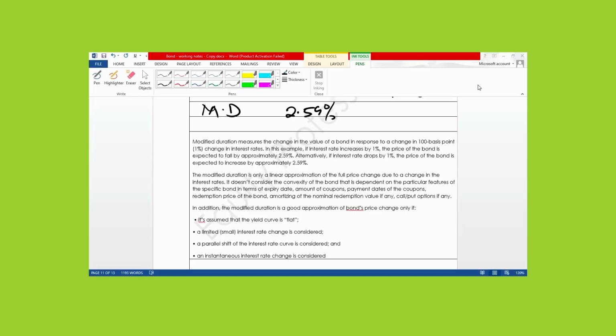Modified duration can only accommodate a small change in interest rates.